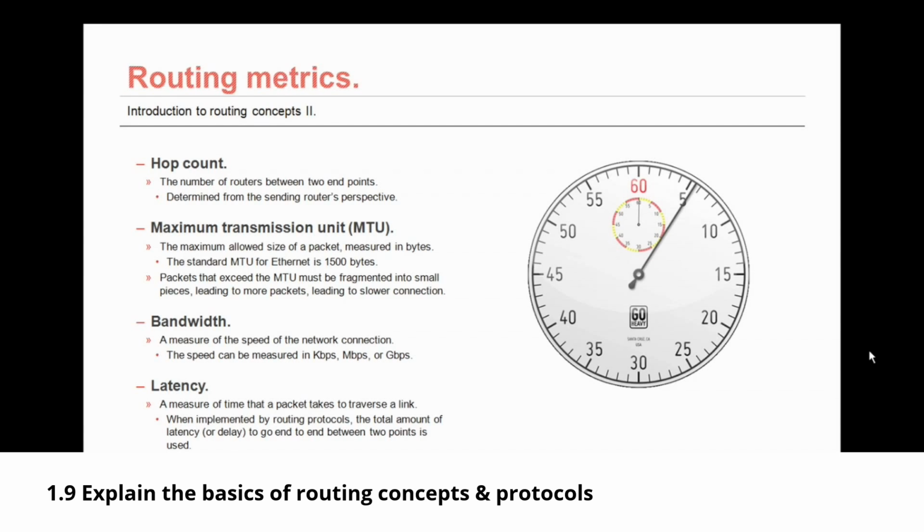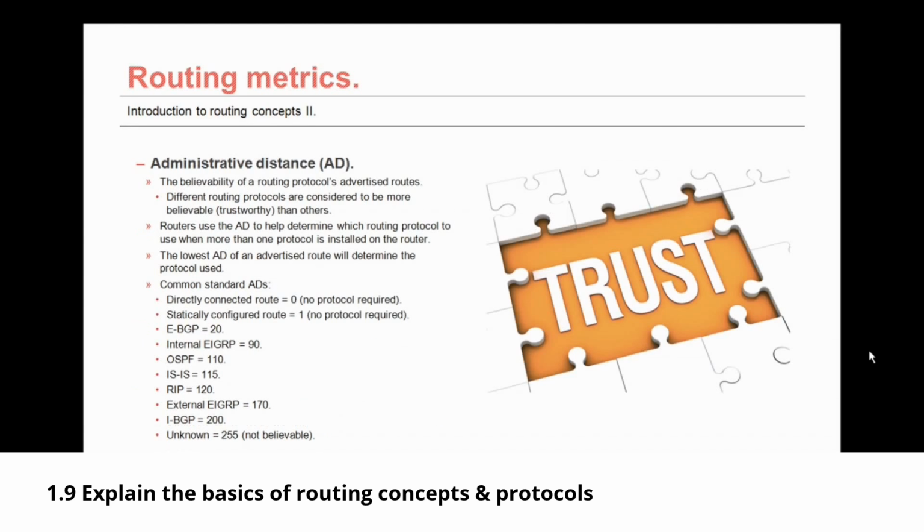When latency is implemented by routing protocols, the total amount of latency or delay to go end to end between 2 points is what is used in the metric. The administrative distance, or AD, is probably the most important metric that's used on routers. The administrative distance is the believability of a routing protocol's advertised routes.